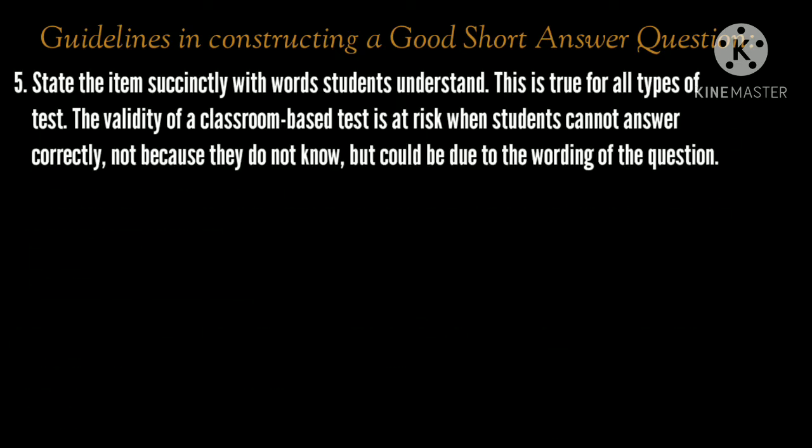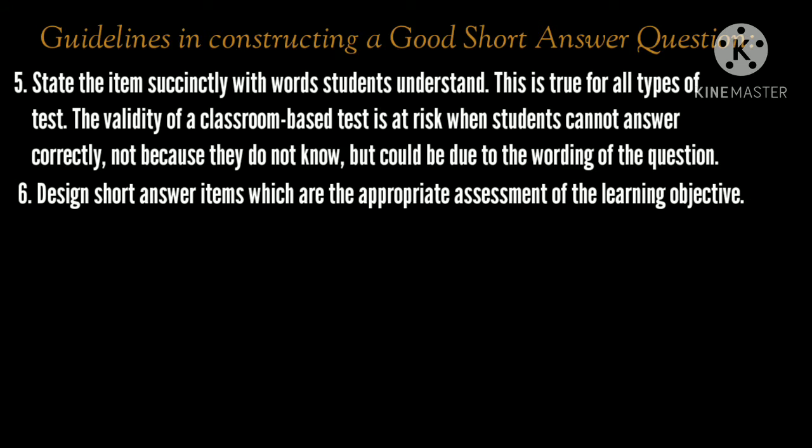Number 5, state the item succinctly with words students understand. This is true for all types of tests. The validity of a classroom-based test is at risk when students cannot answer correctly, not because they do not know, but could be due to the wording of the question.